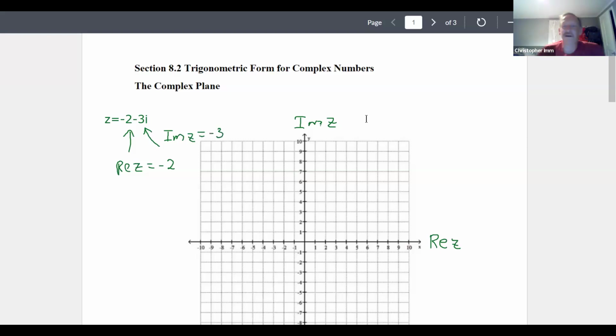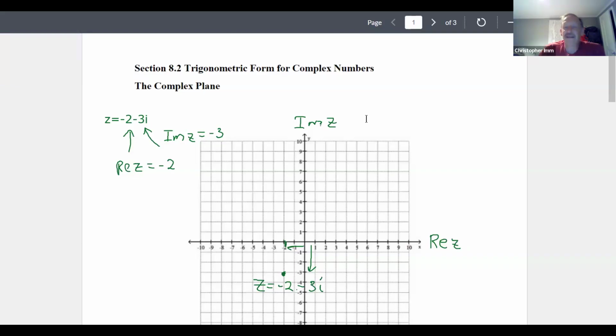To plot this, I go -2 on the real axis, over here, and then down 3 on the imaginary axis. And this is my point. So this point here would specify z is equal to -2 minus 3i.